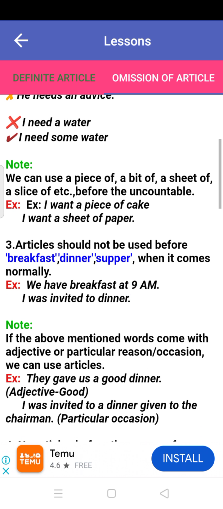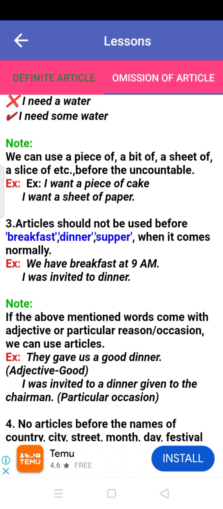The next one is, we can use a piece of, a bit of, a sheet of, a slice of. Here are some examples before the uncountable: I want a piece of cake, I want a sheet of paper.